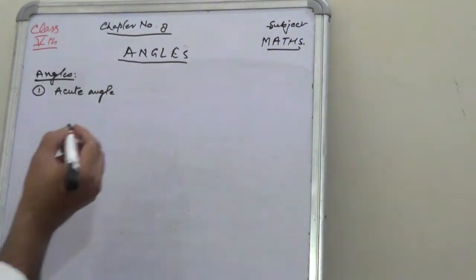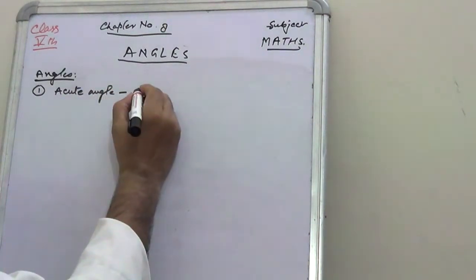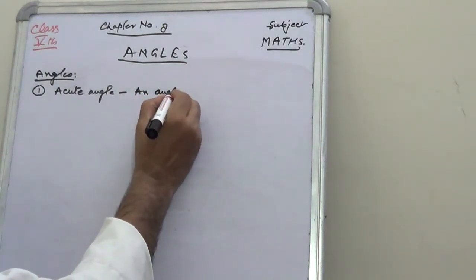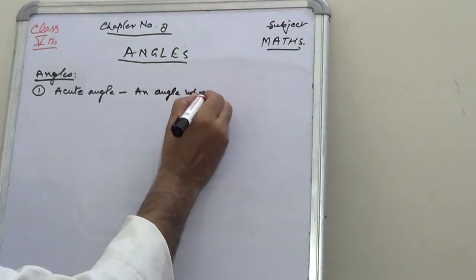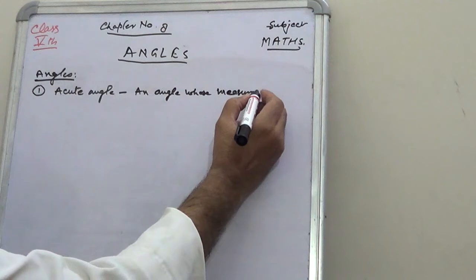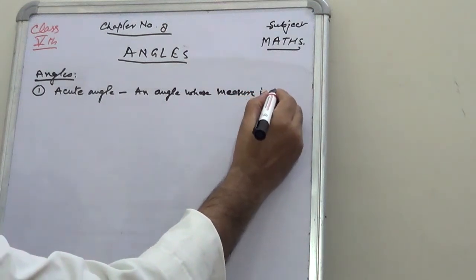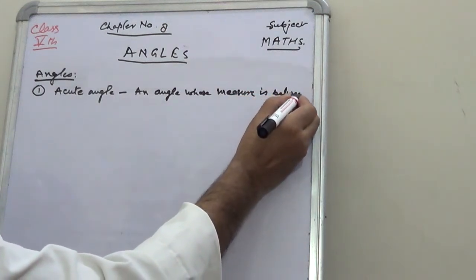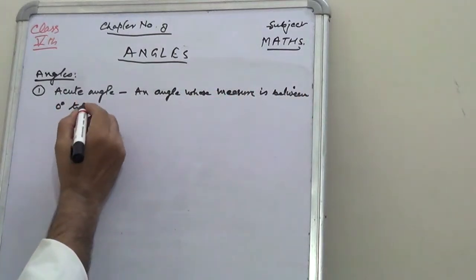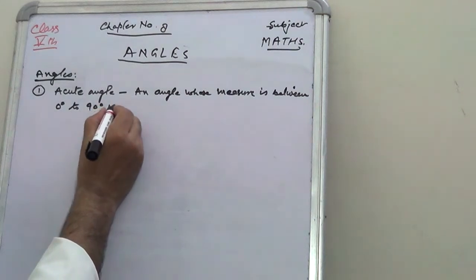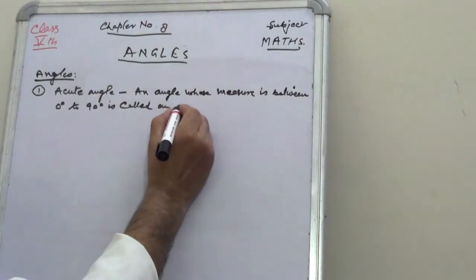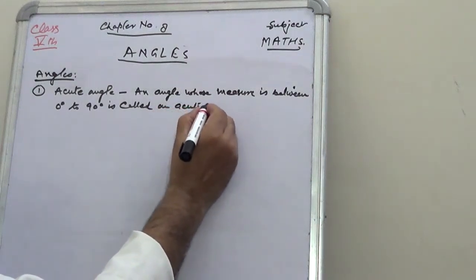What is an acute angle? An angle whose measure is between 0 degree to 90 degree is called an acute angle.